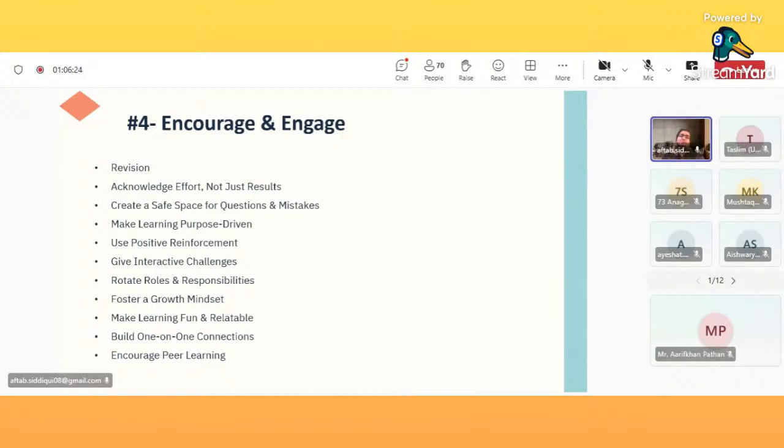So here, if it is repeating, if maximum students are repeatedly remaining absent, you can bring them to the front. Now here you can use negative reinforcement also.